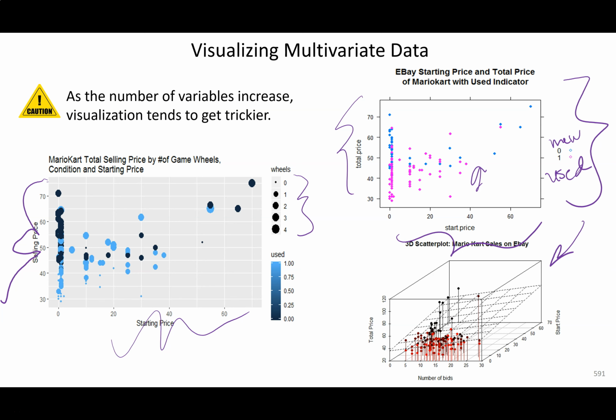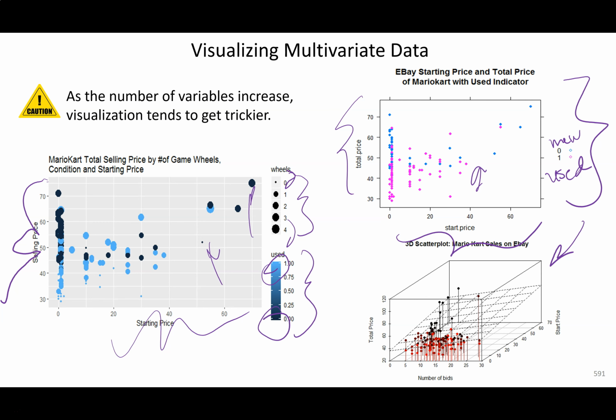So that tells us how big the data point is. So here it's very small, which means 0 wheels were included. Here it's very large, which means 4 wheels were included. And then color indicates, was it used or not? It's actually just going to be 1 for yes, 0 for no.